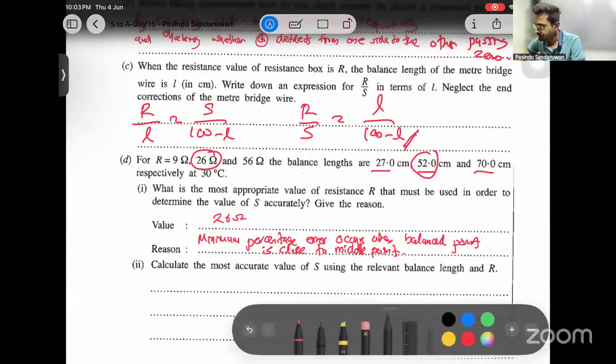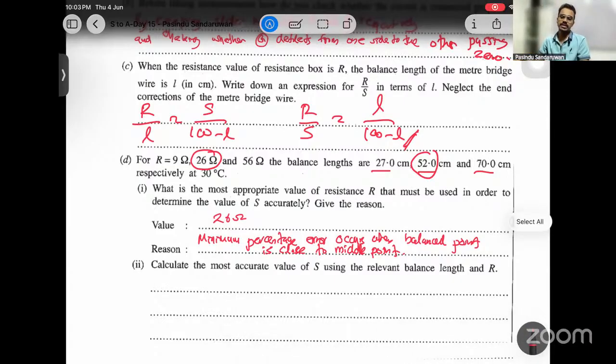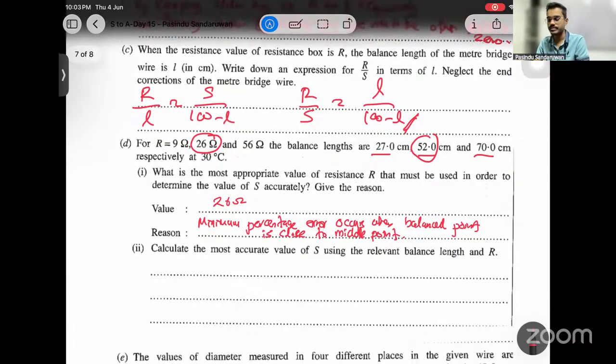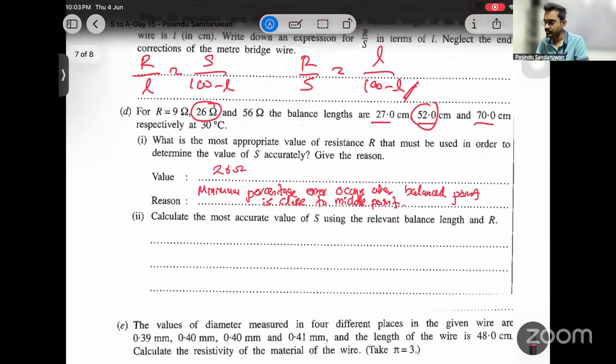So always we prefer to have the balance point in the middle when doing the experiments. That's a practice we follow to minimize percentage errors.